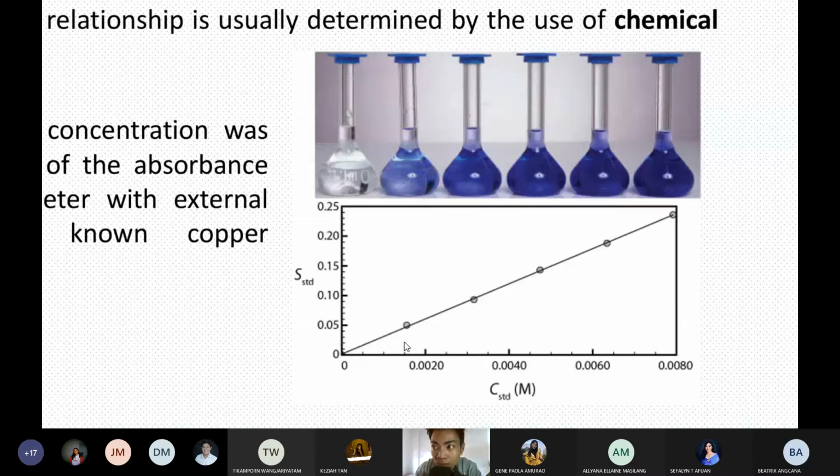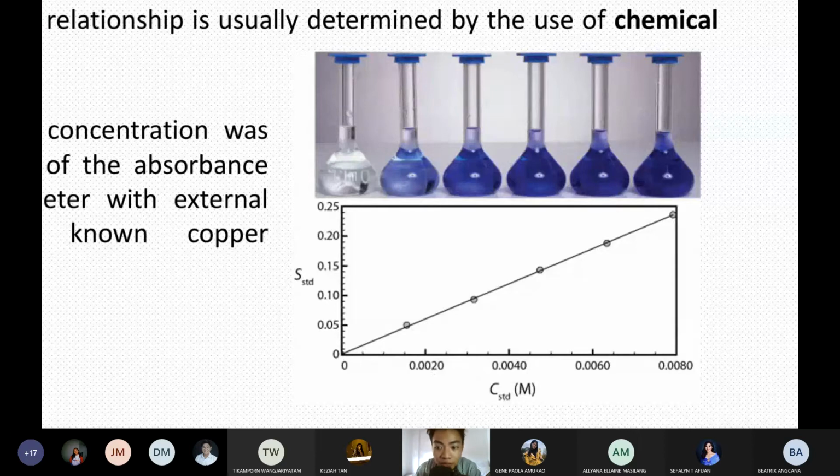Then it must have an instrument response, so its y-axis value will increase. Let's say the instrument response is 0.05, and so on and so forth. So when establishing this standard curve from your standard solutions, the instrument response must increase with the increasing concentration.